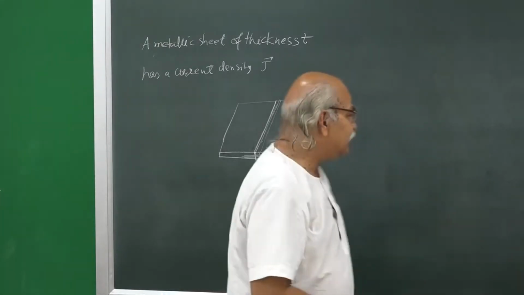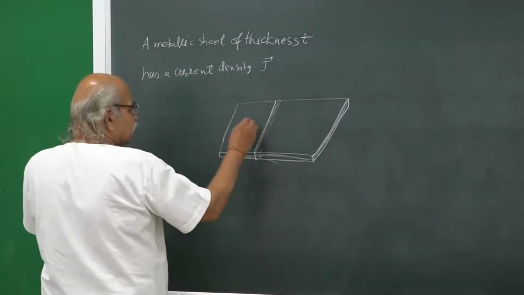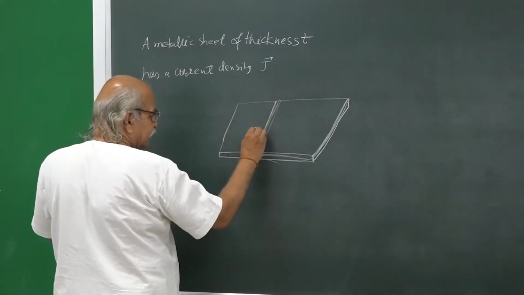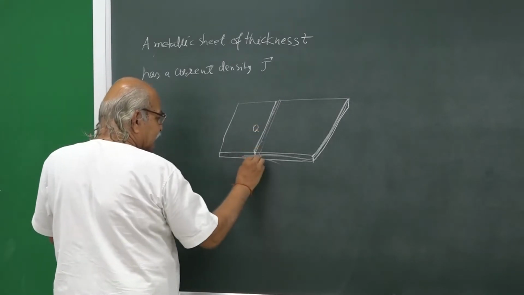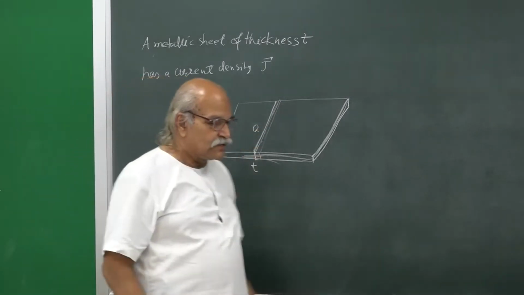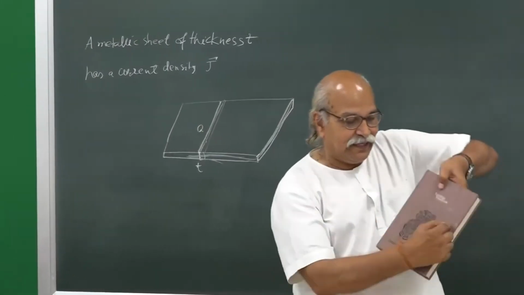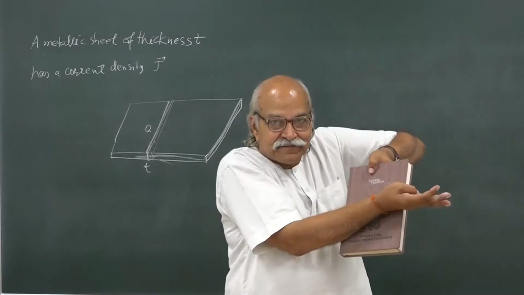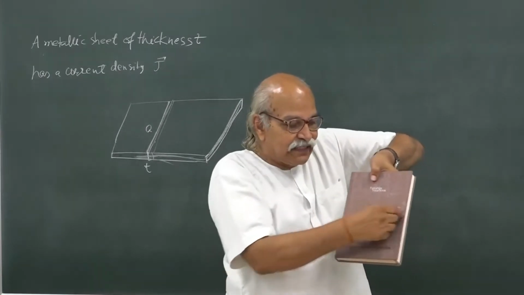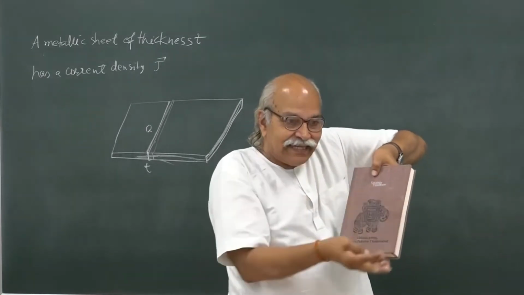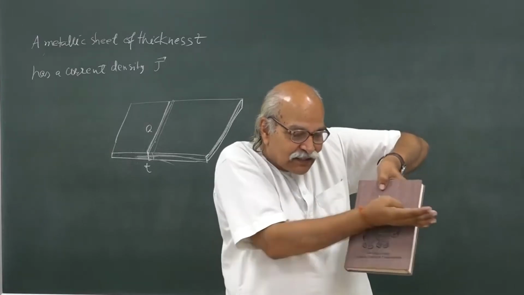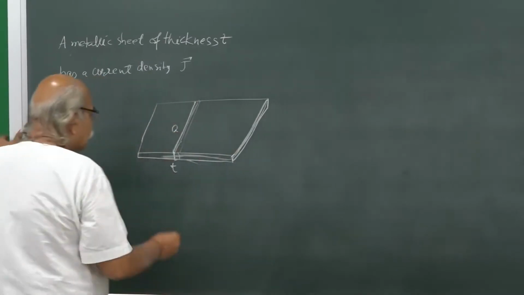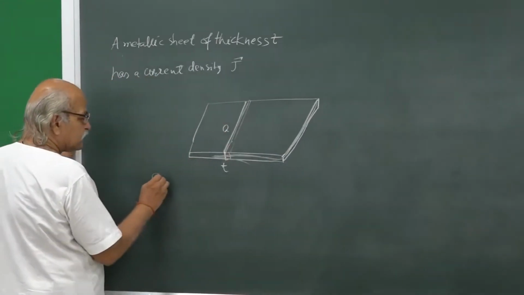So, if I say that this length is, let us say, a small a, and this thickness is T, then if I take the cross section, the area of that cross section will be this a into that T, and charges will cross this cross section from one side to the other side.